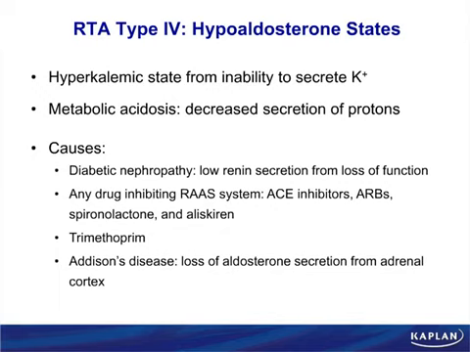Trimethoprim can also cause a type 4 RTA, and I've seen this before. And then, of course, there's Addison's disease, in which you have lost the ability to secrete aldosterone from the adrenal gland, and that can lead to a type 4 renal tubular acidosis. So again, you have lost the ability to secrete potassium, leading to hyperkalemia.